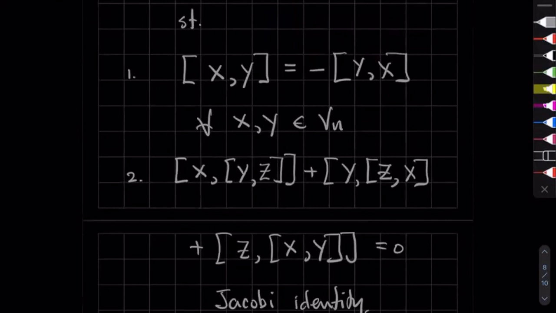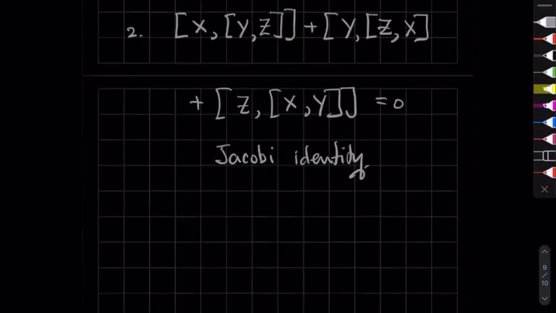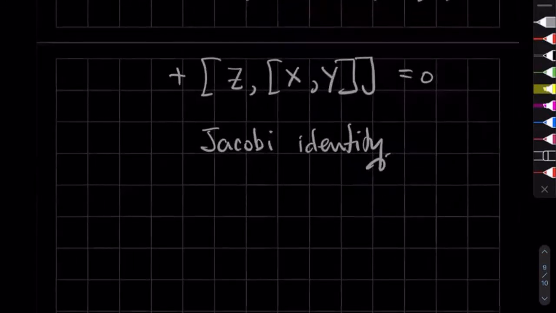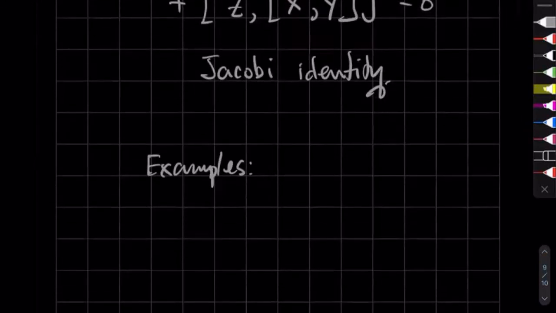And that's called a Lie bracket. So this bracket, or this product, is called a Lie bracket. So, examples: the Lie algebra of matrix groups.